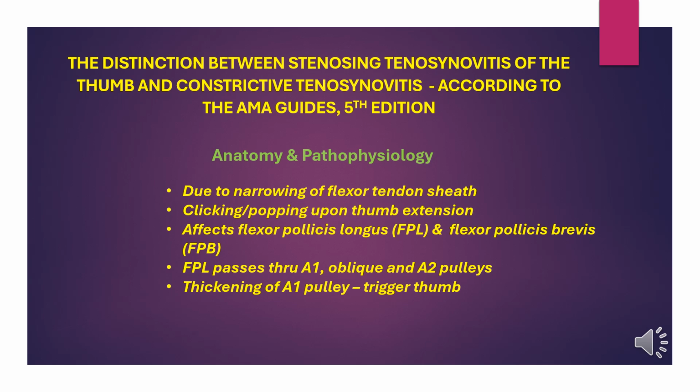We will take a look at this in the next slide. However, notably, the A1 pulley does overlap the metacarpal bone, overlapping the metacarpophalangeal joint and the base of the proximal phalanx. Trigger thumb typically results from the thickening of the A1 pulley, leading to pain and reduced functionality.